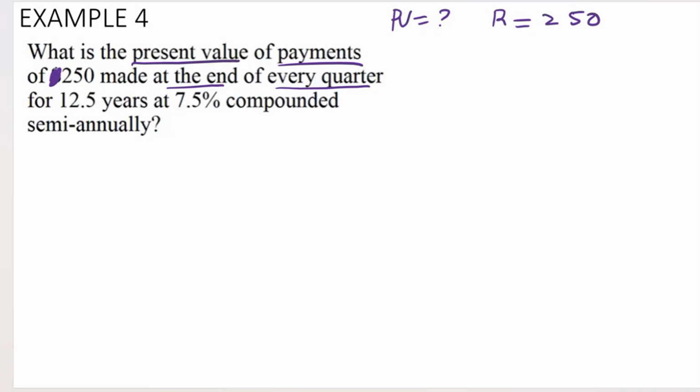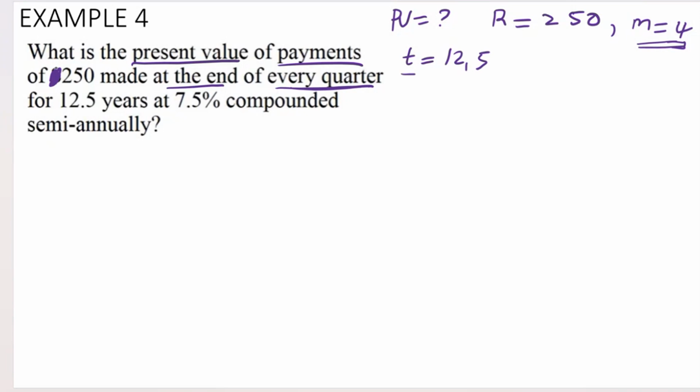So your payments are made at the end of the quarter. You know that the compounding periods is 4 when it's quarterly. These payments are made for 12.5 years, so your T is equal to 12.5.